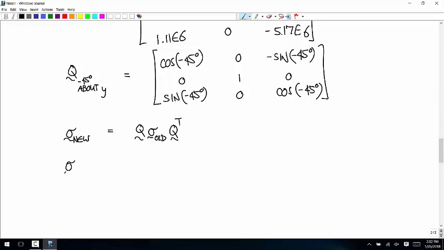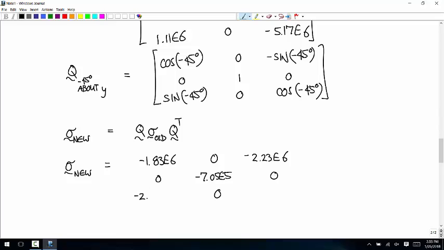You get out that in the new coordinate system, the stress tensor is -1.83 times 10 to the 6, 0, -2.23 times 10 to the 6, -7.05 times 10 to the 5, 0, 0 there.